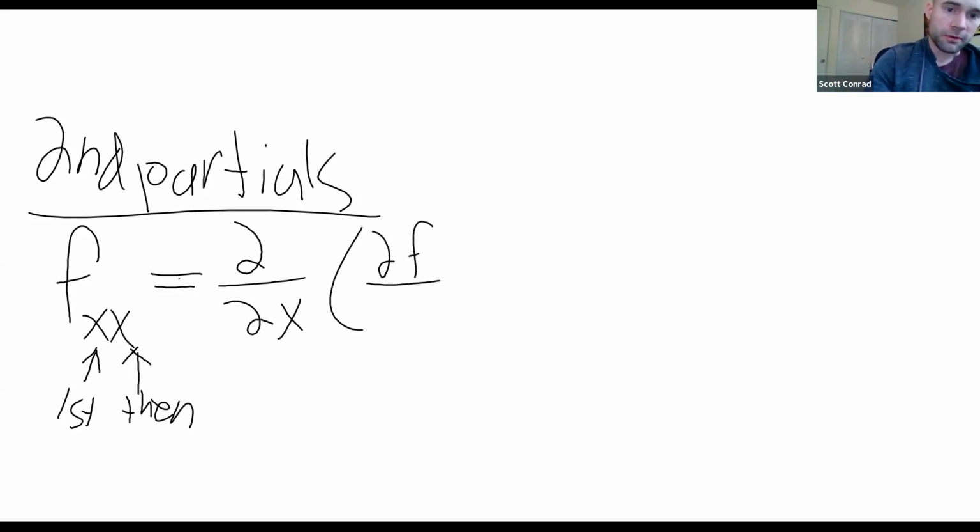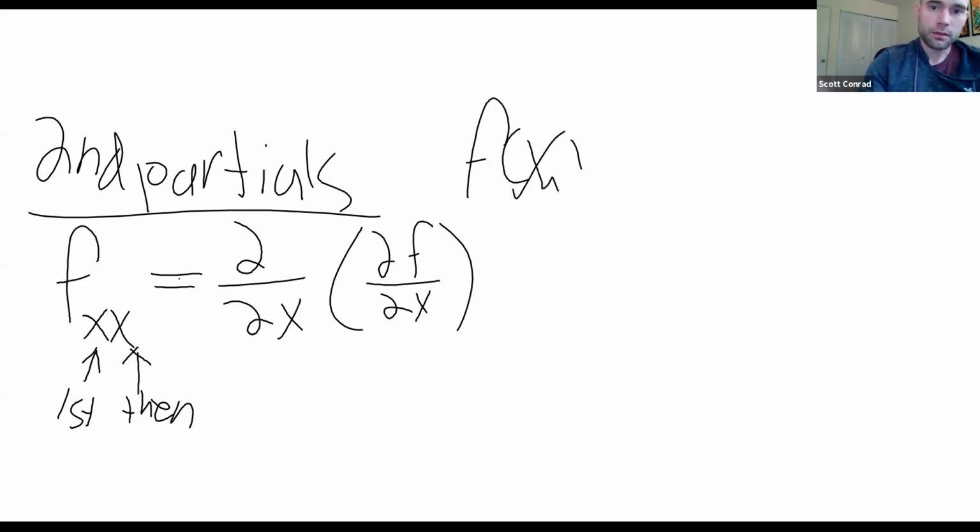So we're taking the partial of our function with respect to x. That's one function of x and y, so we're treating this as a function of x and y here.